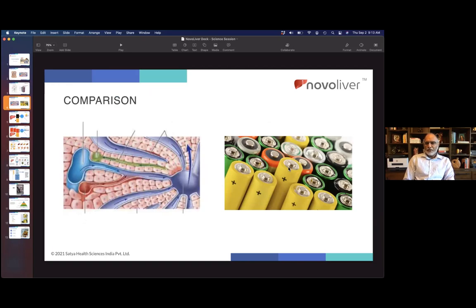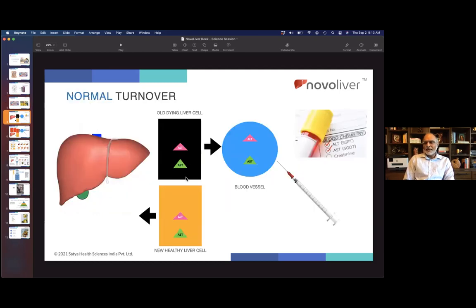So when that thought occurs to you, okay, there are a lot of batteries. Well, clearly, batteries have limited power. At some point, they run out of juice and you have to put a new battery in. So that's exactly what's happening in the liver. There's normal turnover taking place as you're sitting right now. There'll be an old dying battery or liver cell being broken down, and a brand new healthy liver cell will take its place.